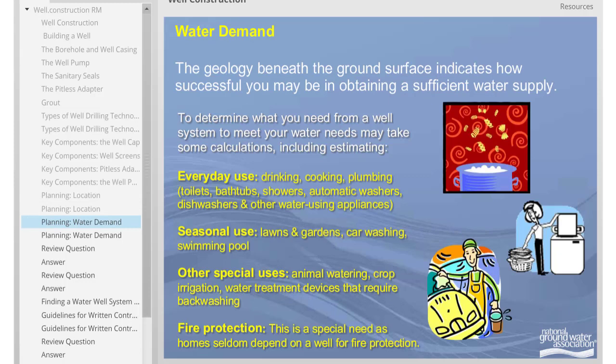Another important consideration in planning a well is determining your water demand. To some degree, the geology beneath the ground surface indicates how successful you may be in obtaining a sufficient water supply.